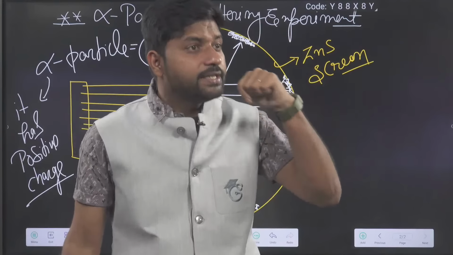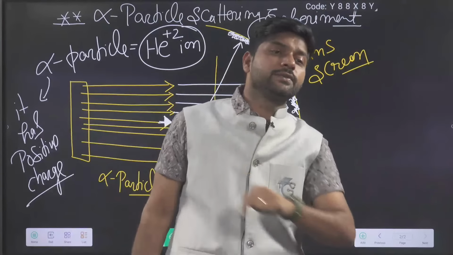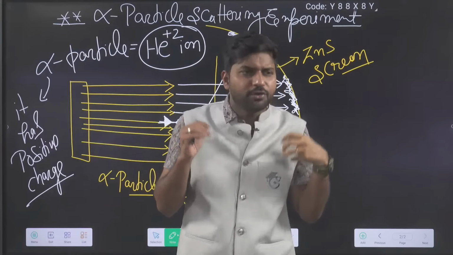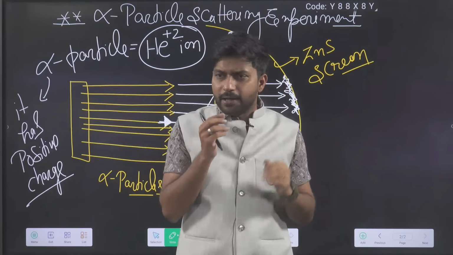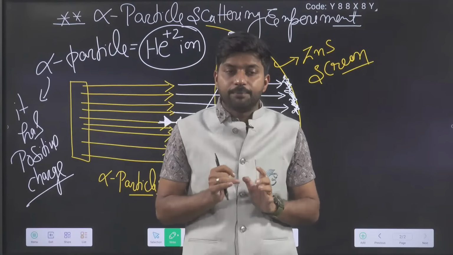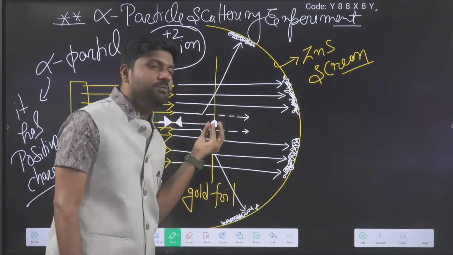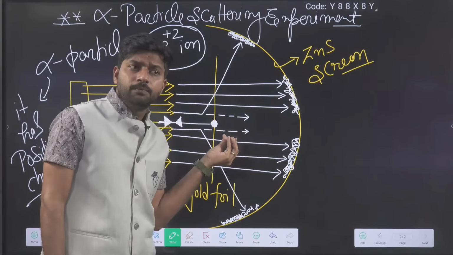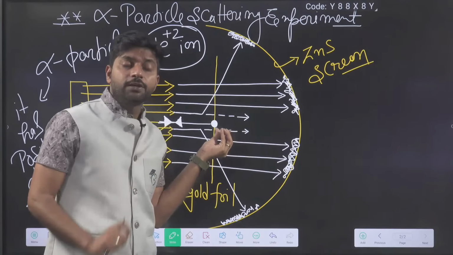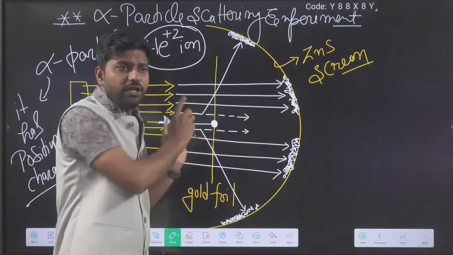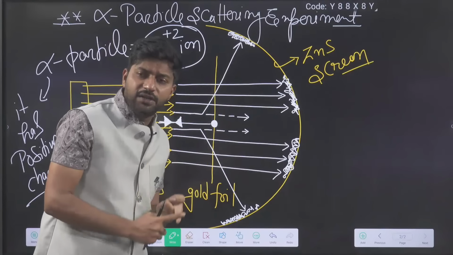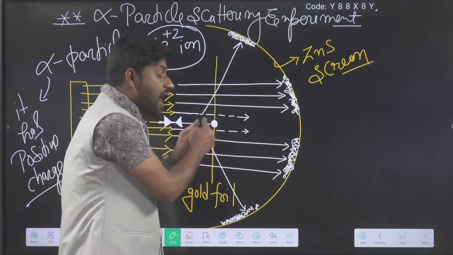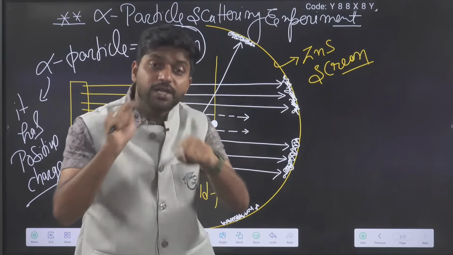It means the nucleus, whatever is present in the nucleus, the word which I don't want to use right now because the word nucleus came after this experiment. So whatever is present in that small volume here has positive charge. It was clear that a few alpha particles deviated, but this part is also heavy.